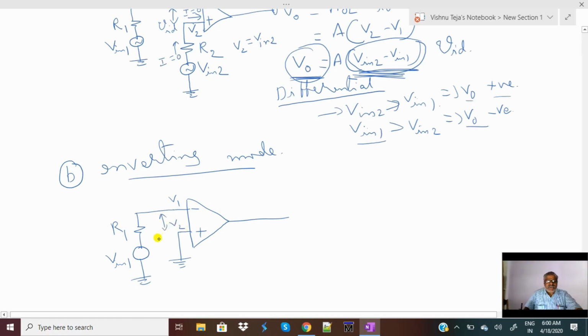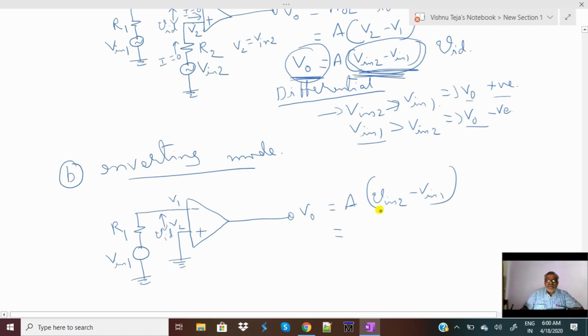Again the differential input is VID. Then the output voltage V0 can be written as A into (Vin2 minus Vin1). This expression we can write directly because we already discussed this in the previous circuit.